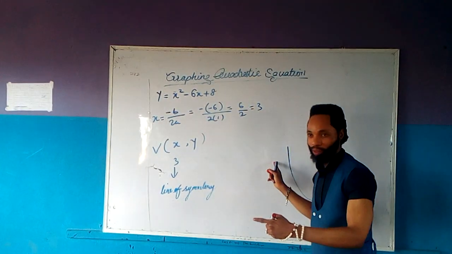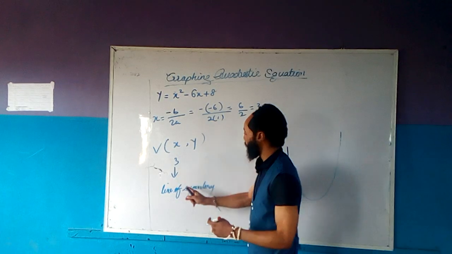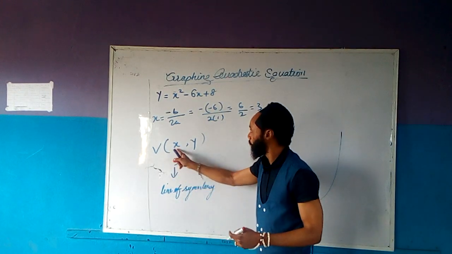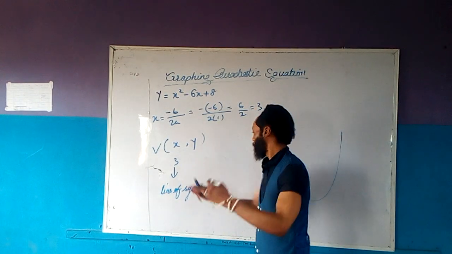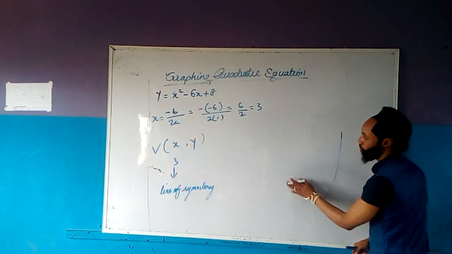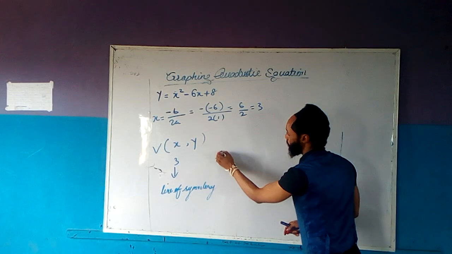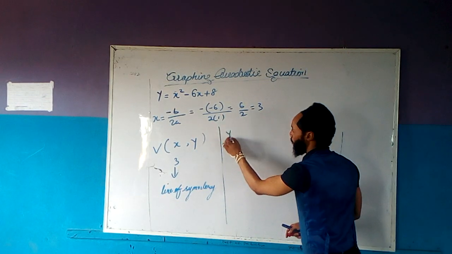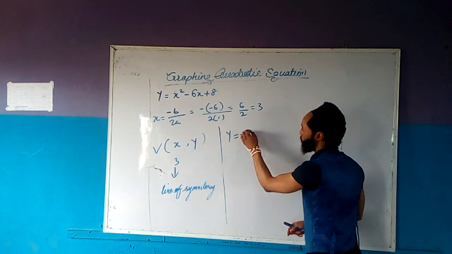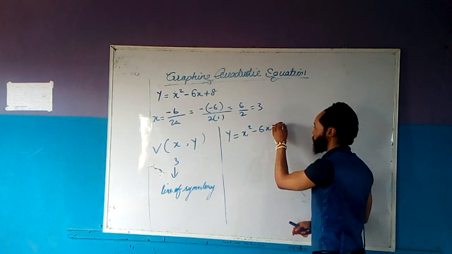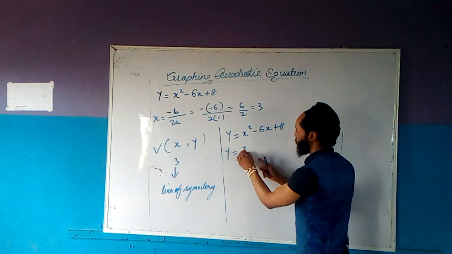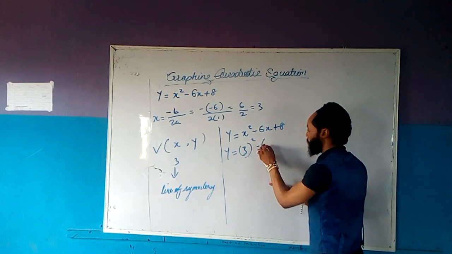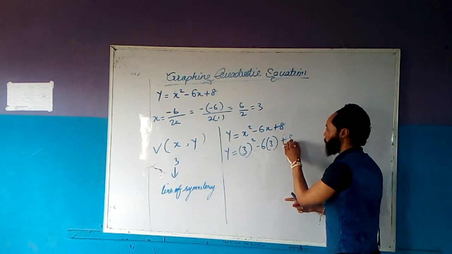In this case, now that we have x equals 3, we plug it back in to get the y coordinate. Y equals x squared minus 6x plus 8. X is 3, so 3 squared minus 6 times 3 plus 8.